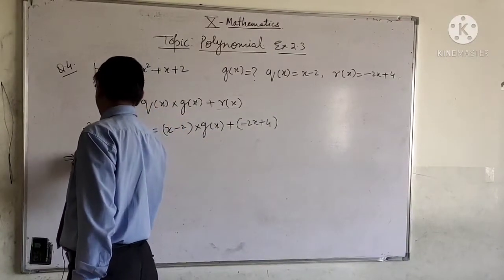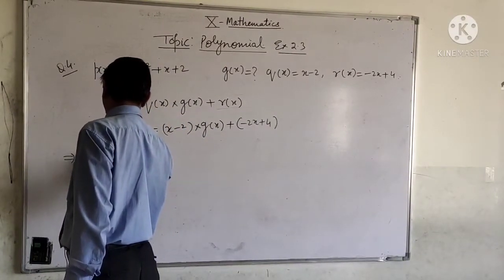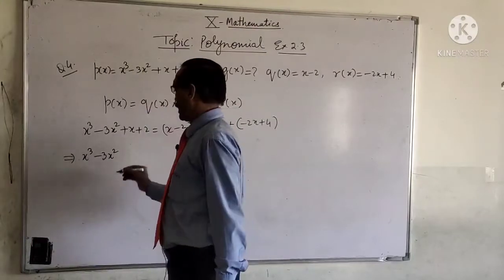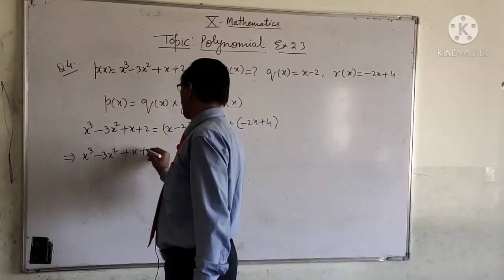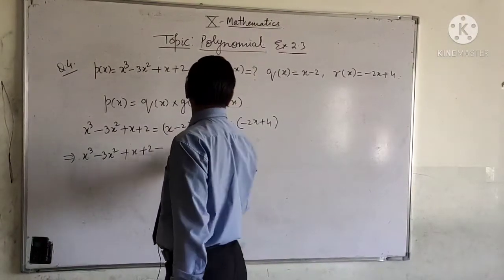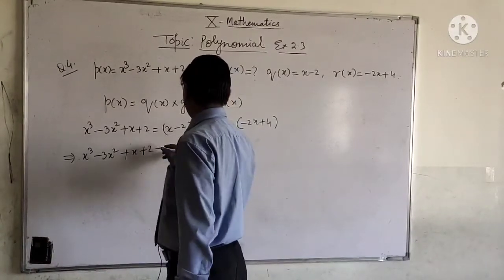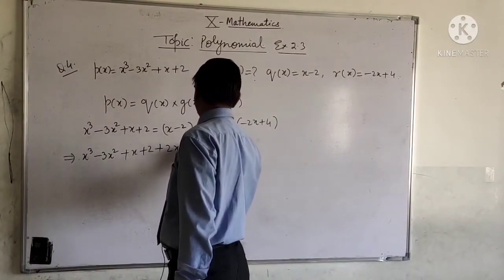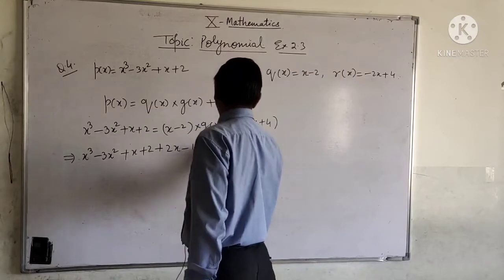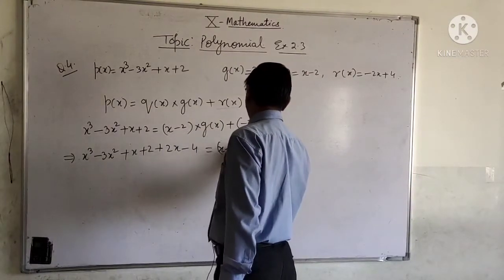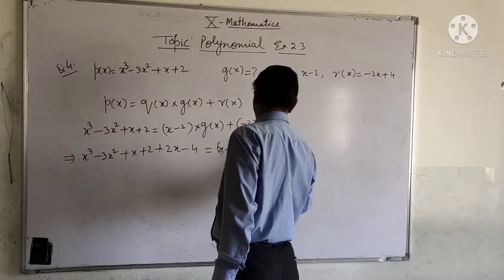From this we get x^3 - 3x^2 + x + 2 plus 2x minus 4 equal to (x - 2) into gx.